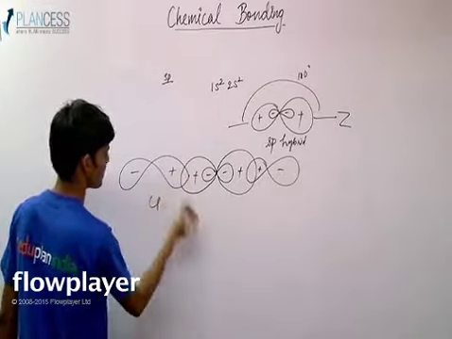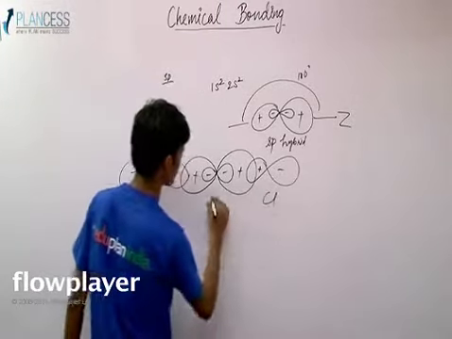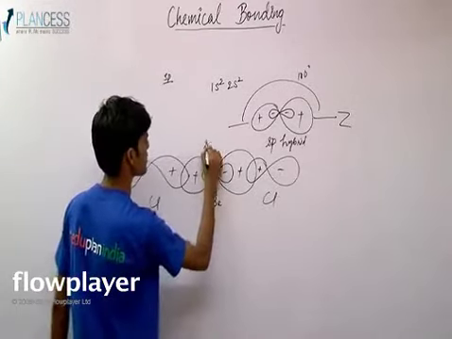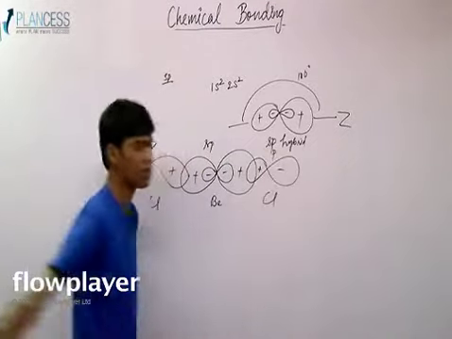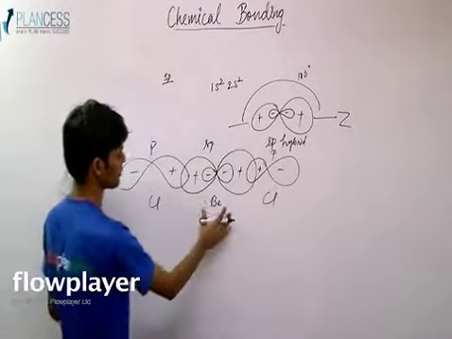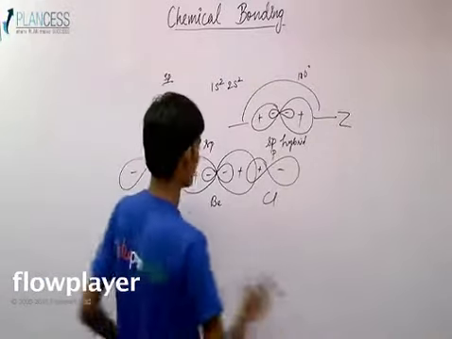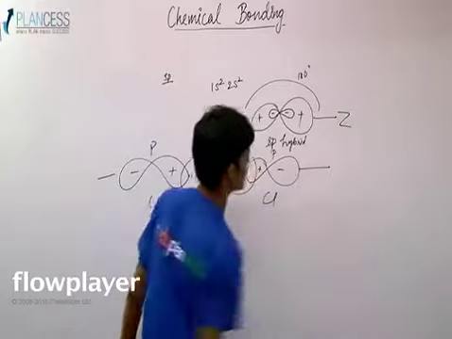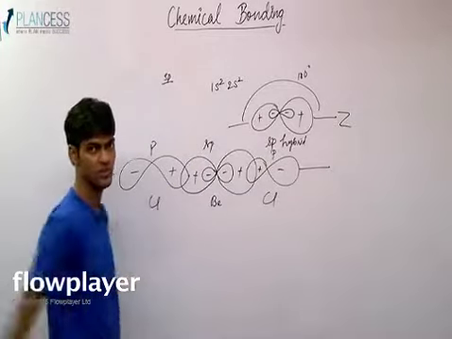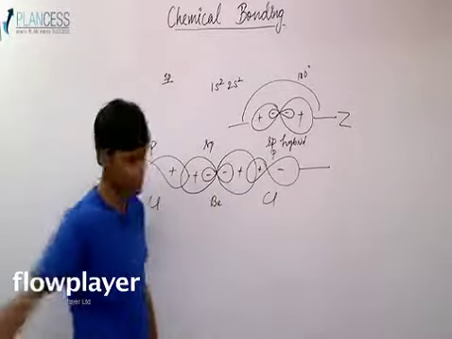This is of the Cl atom, this is of Cl, and this is of Be. So this is an sp hybrid orbital, and these are pure p orbitals. The hybridization of the middle beryllium is sp, and the shape would be linear, in the same plane.